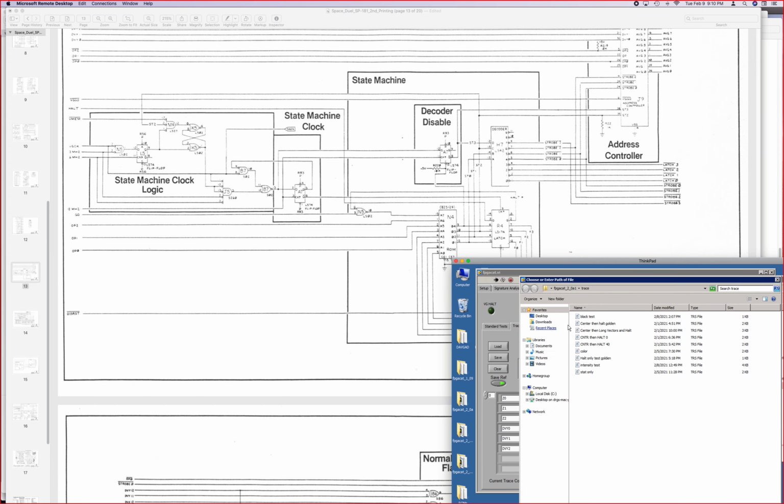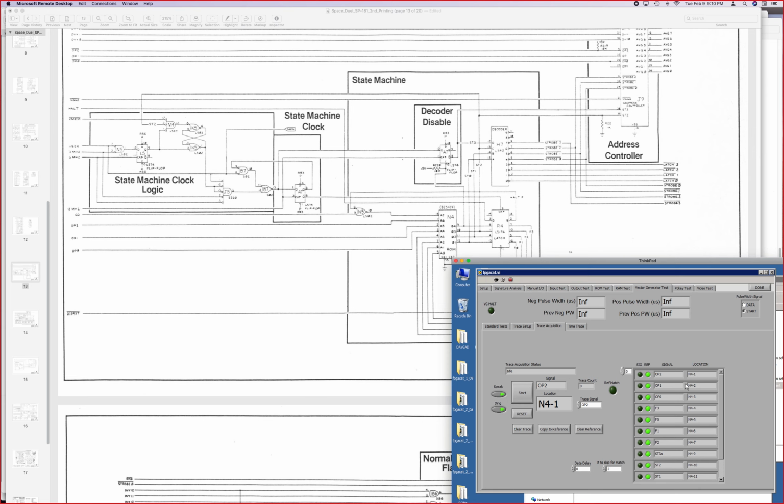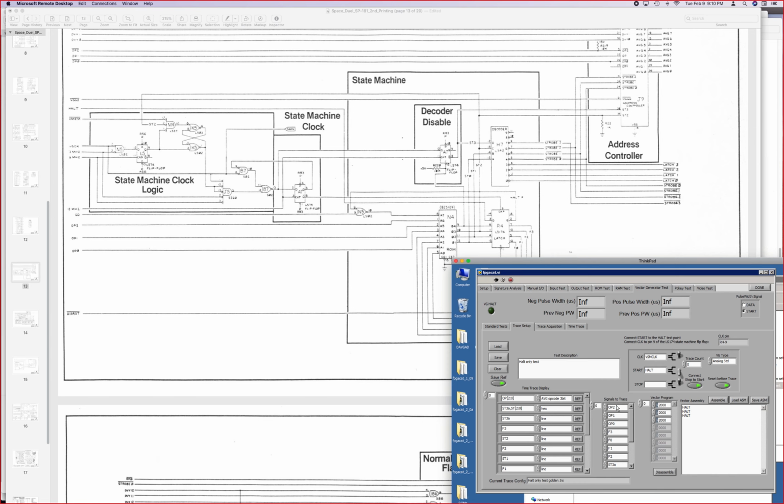We load the halt only. So here's the program. It just halts 3 times for good luck. So let's do some tracing on that. We're going to grab all of these signals: OP, the 3 opcode bits, the 4 feedback bits.